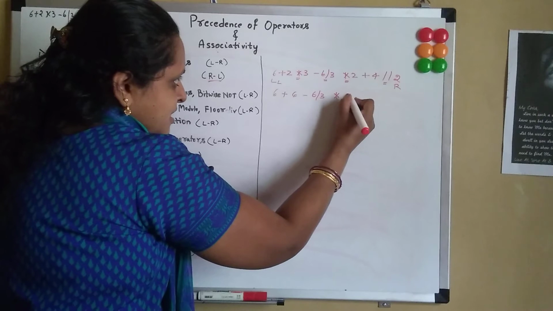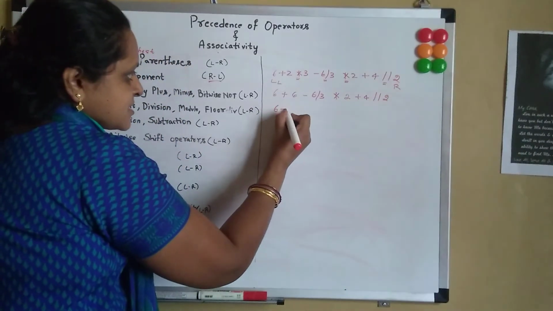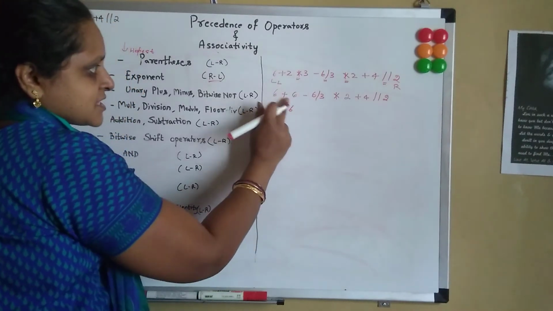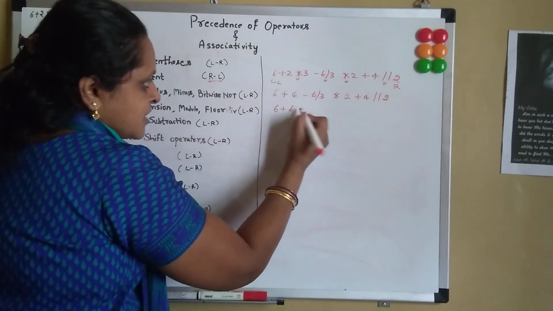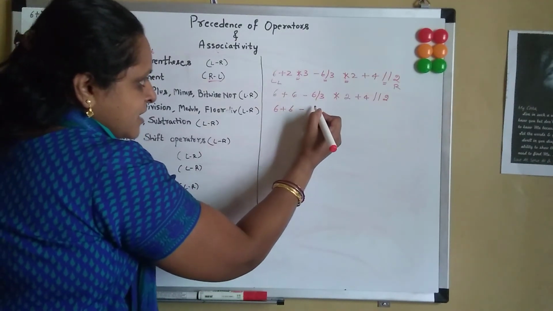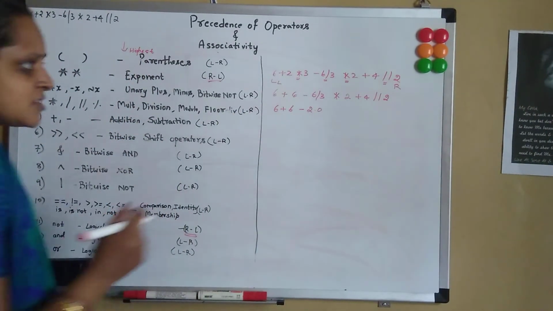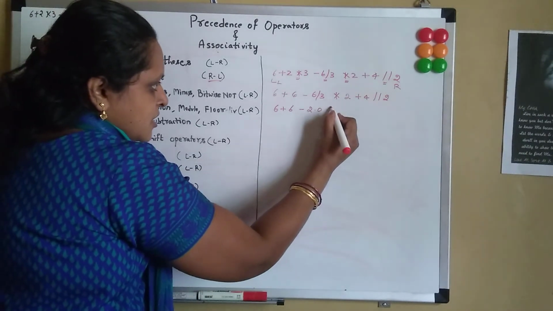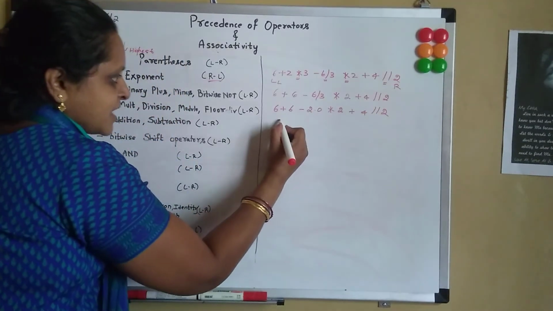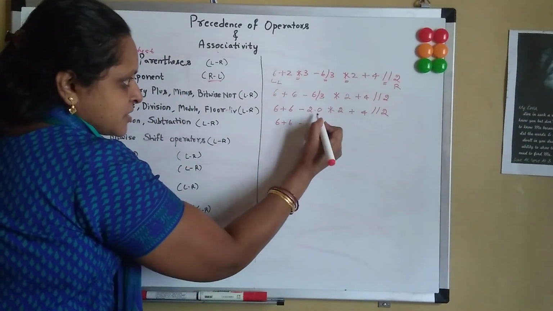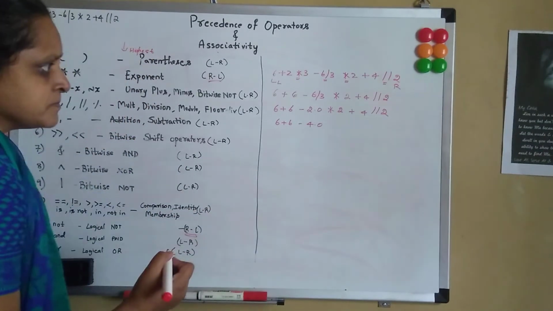Now 6 plus 6, we should not solve this because we still have divide, into and floor division. Then I have 6 divided by 3 which gives 2.0. Division gives the float notation. Let me keep the rest of the expression as it is. Now the next operator which gets resolved is 2.0 into 2, which is nothing but 4.0.